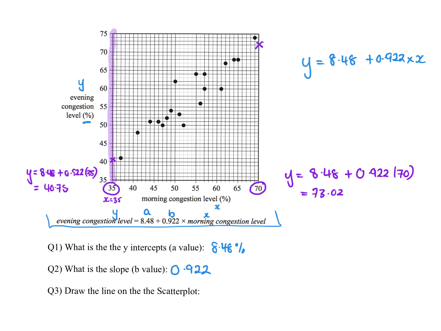There's my other point. So I might write those points down. I had 35, 40.75, and then I had 70, 73.02. There you go. Then you get your ruler and join your two crosses, and there you've drawn that equation on the scatter plot.